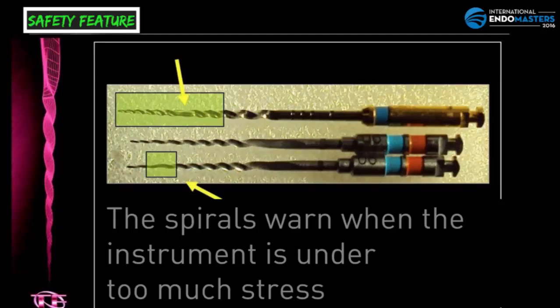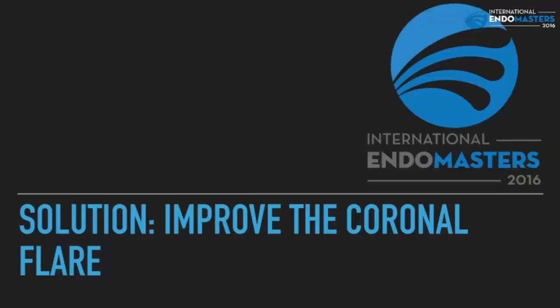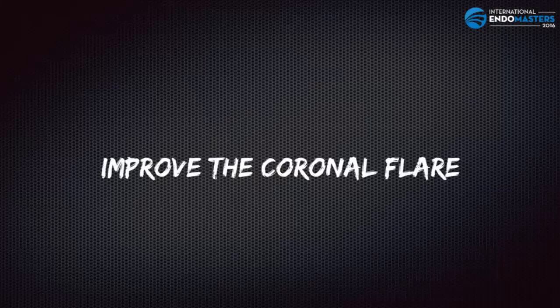The deformation in the middle of the cutting blade is due to too much coronal engagement. Some people like to call this taper lock. What is the solution for this problem? We need to improve the coronal flare. And how are we going to do this?